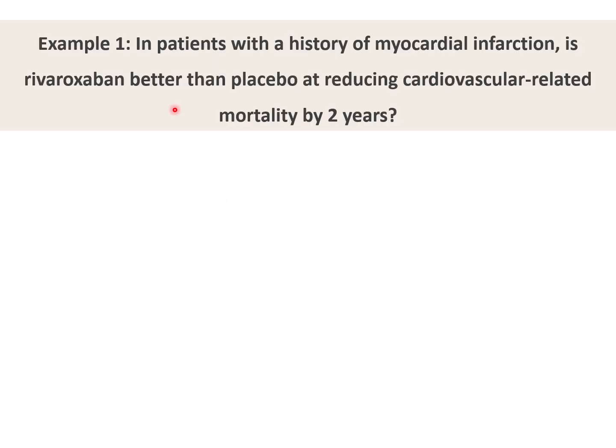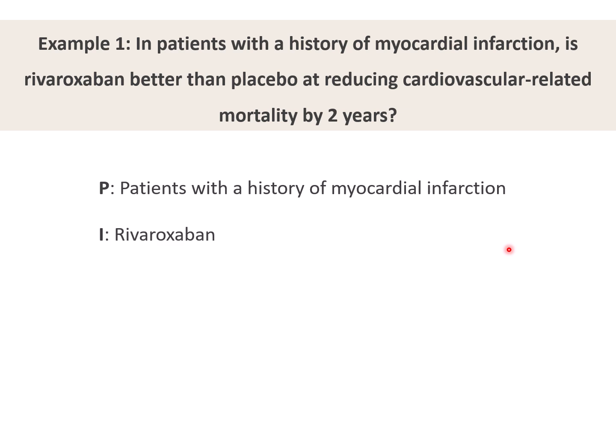In patients with a history of myocardial infarction, is rivaroxaban better than placebo at reducing cardiovascular related mortality by 2 years? If you apply PICO on this, what will be your P, population or patients? P is the patient with a history of myocardial infarction. And what will be the I?